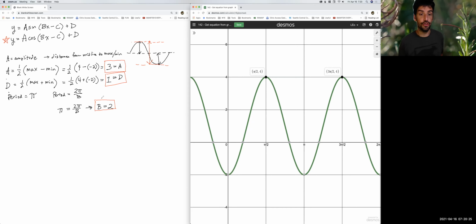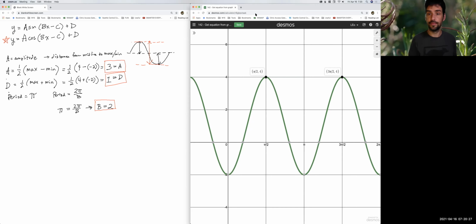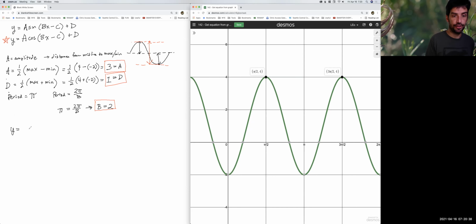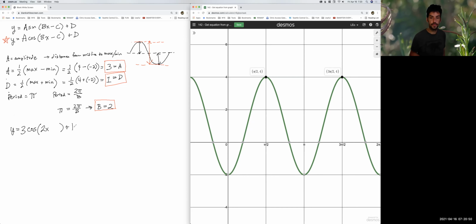Okay, so what we have right now is a graph of, well, let's write in what we have. So without the phase shift, so far I have our amplitude is 3, cosine of 2x, I'm going to leave space for the phase shift, plus 1. Okay.